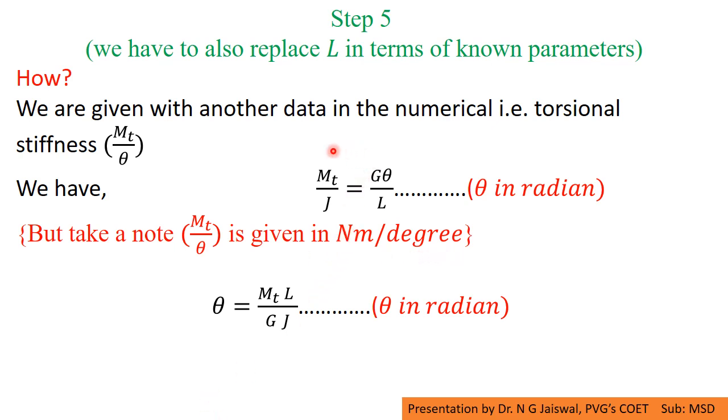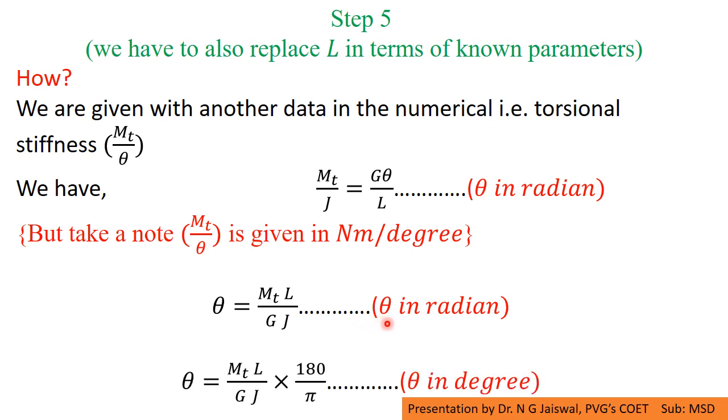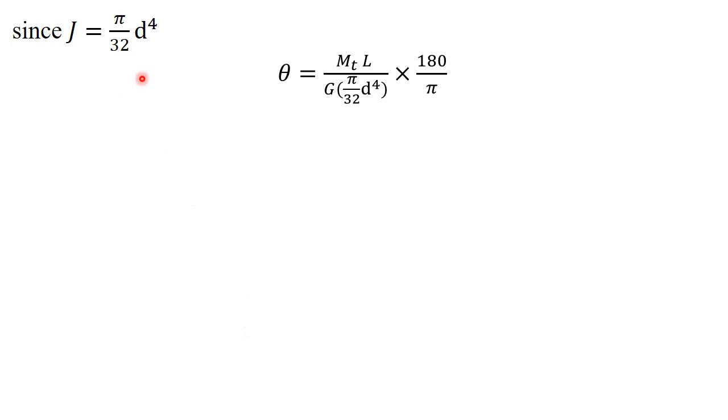Therefore, from this equation, theta is found out as mtl divided by gj, but theta is again in radian. To convert theta into degrees, we will multiply it by 180 by pi. So this becomes theta in degrees now. Since j is equal to pi by 32 d to the power 4, theta is equal to mtl divided by gj, with j replaced by pi by 32 d to the power 4, into 180 by pi.